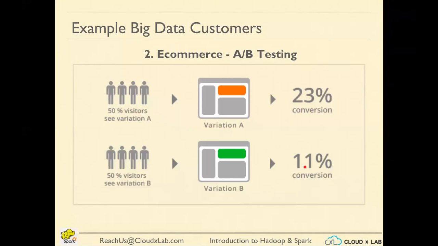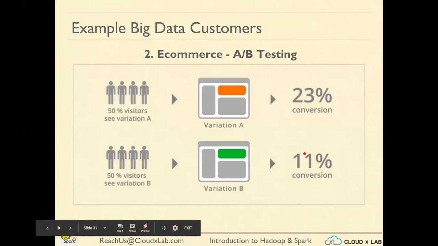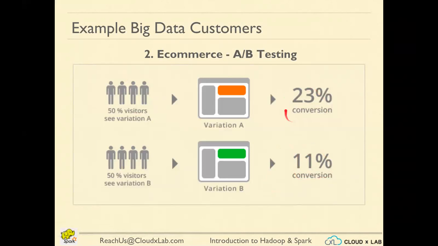So you can see that the conversion here is better. Here we are making more money as we are making more sales and more users are really liking it. Therefore, we will stick to variation A. All right, Raju, so that's what it means.